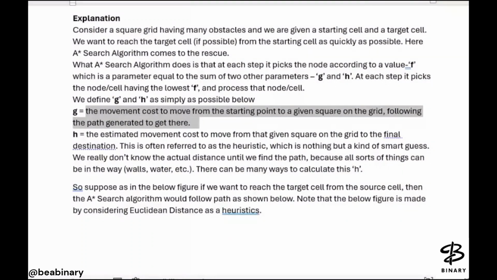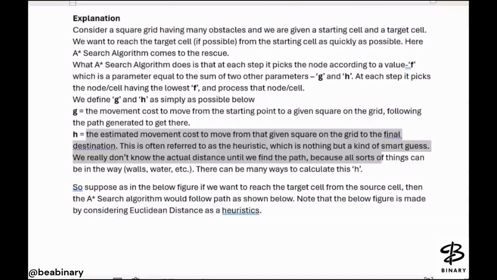And h is the estimated movement cost to move from the given square on the grid to the final destination. This is often referred to as a heuristic, which is nothing but a kind of smart guess that we can reach the goal state from here at this cost. We really don't know the actual distance until we find the path. We are just making our guesses.